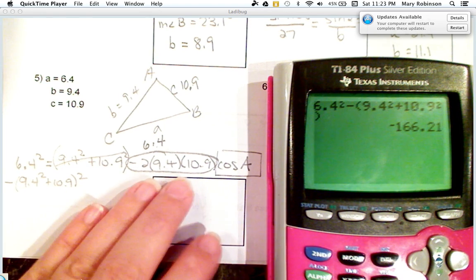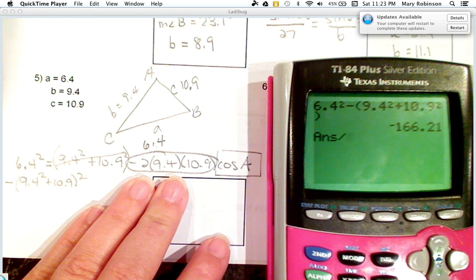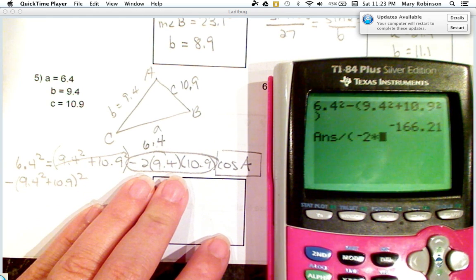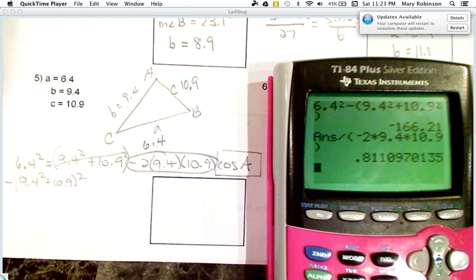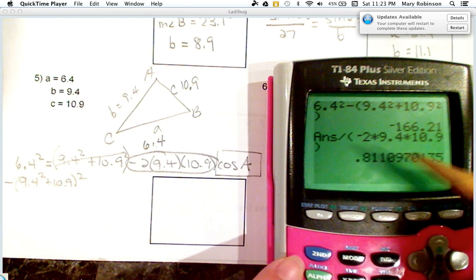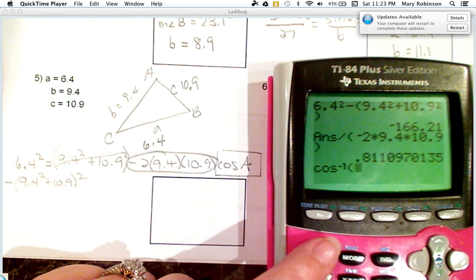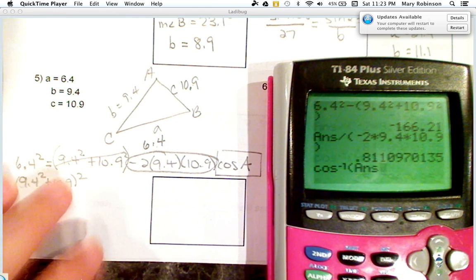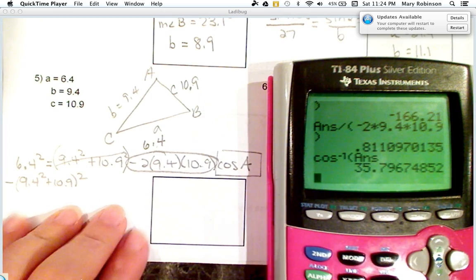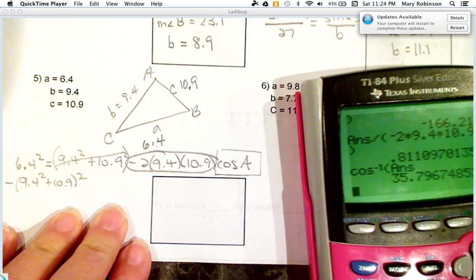And then I need to divide by this quantity. So divided by -2 times 9.4 times 10.9. Please make sure you type it in exactly as you see me do it. The next step is to do inverse cosine since we're solving for an angle. So we hit second cosine, and there's our angle. So that is the measure of angle A.